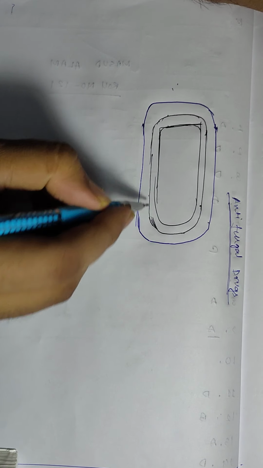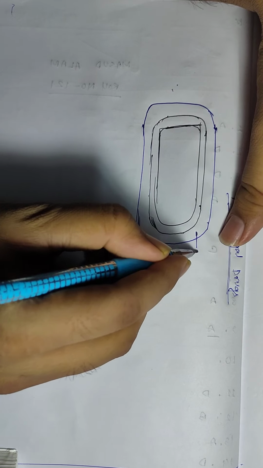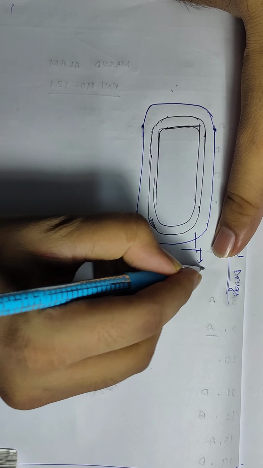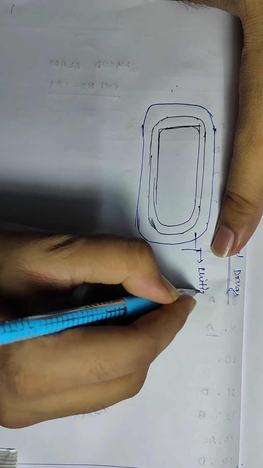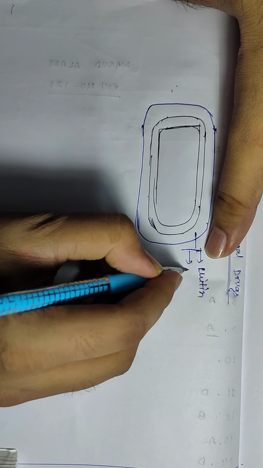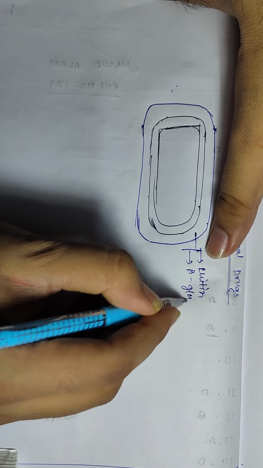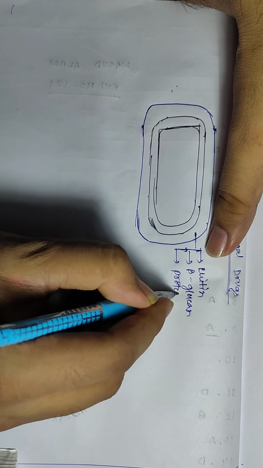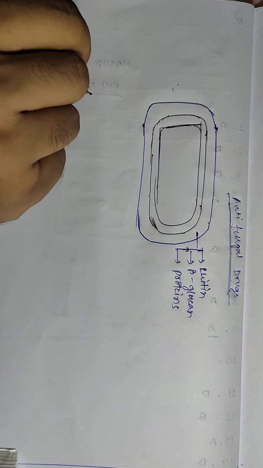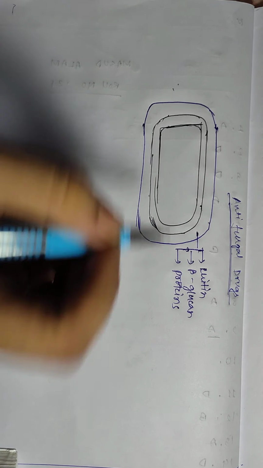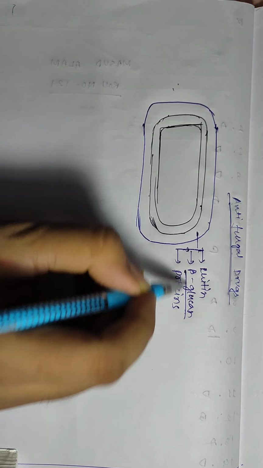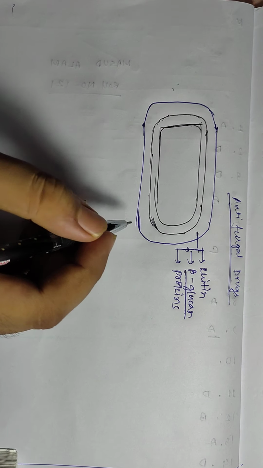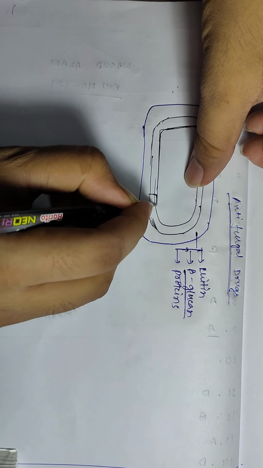And the cell wall is made up of chitin, beta-glucan and proteins, right? Now this beta-glucan is synthesized by one enzyme, that is beta-glucan synthase, which is present in the cell membrane.